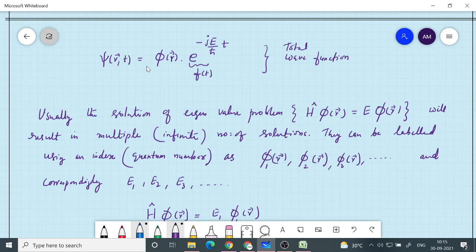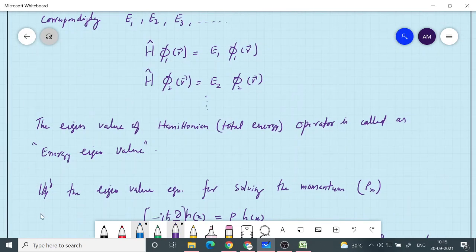If the energy is E1, then our wave function will be written as phi of r into e raised to minus j E1 by h cut into t. Now, there are certain things in quantum mechanics which are very difficult to make sense of.